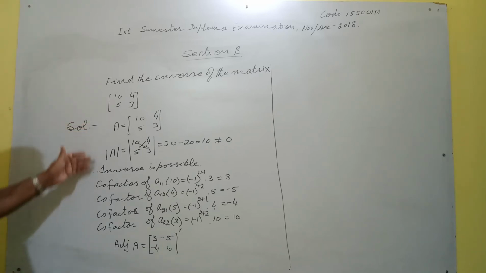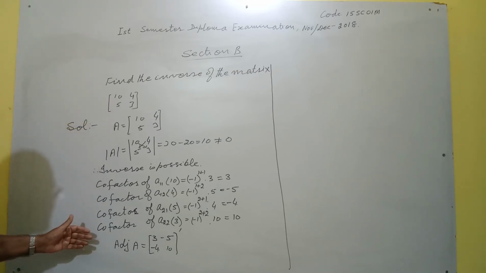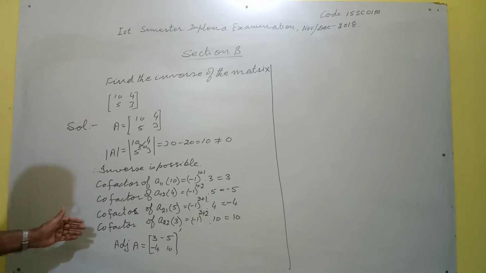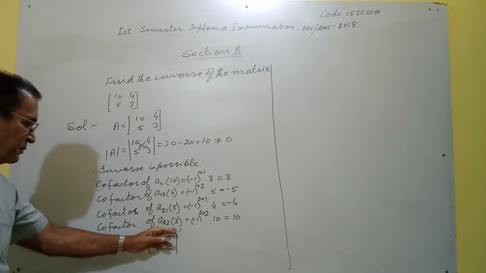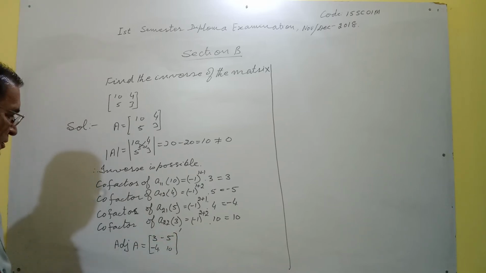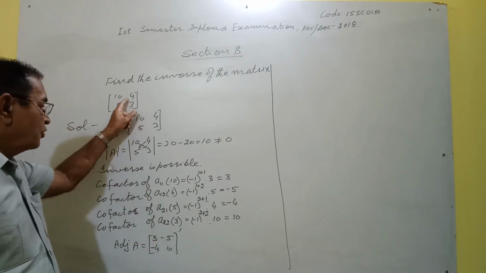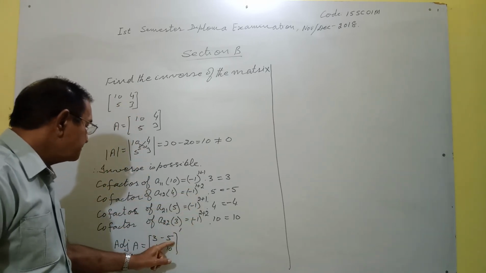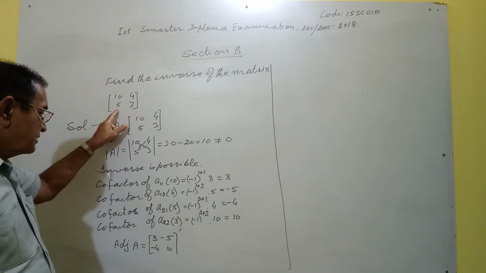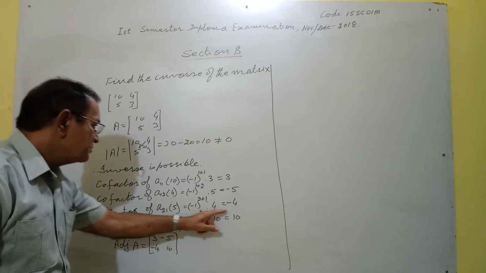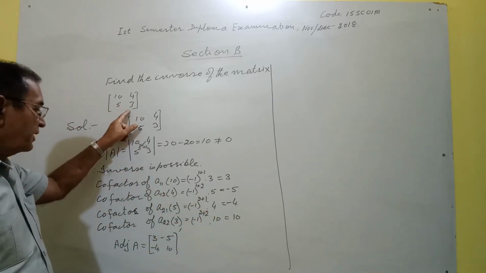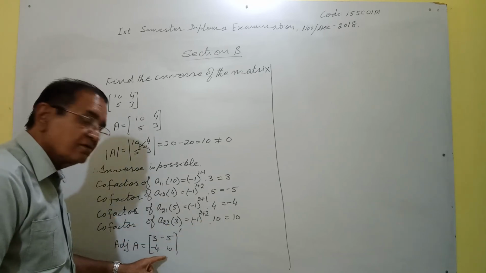See, first we are supposed to find the cofactors. After finding the cofactors, we are supposed to go for adjoint. Adjoint is the transpose of the cofactors. Cofactor of 10 is 3, cofactor of 4 is minus 5, cofactor of 5 is minus 4, cofactor of 3 is 10.